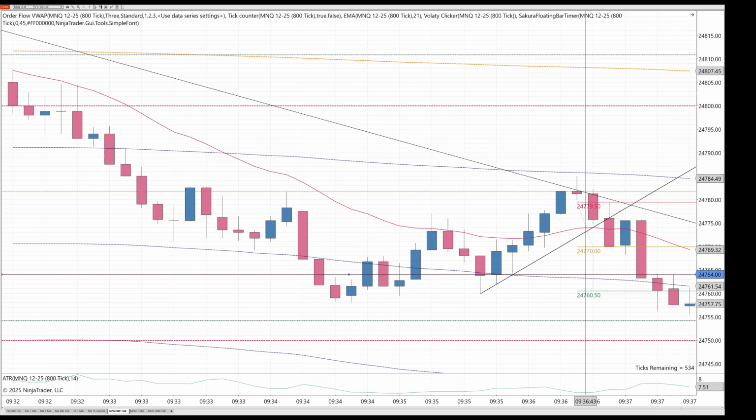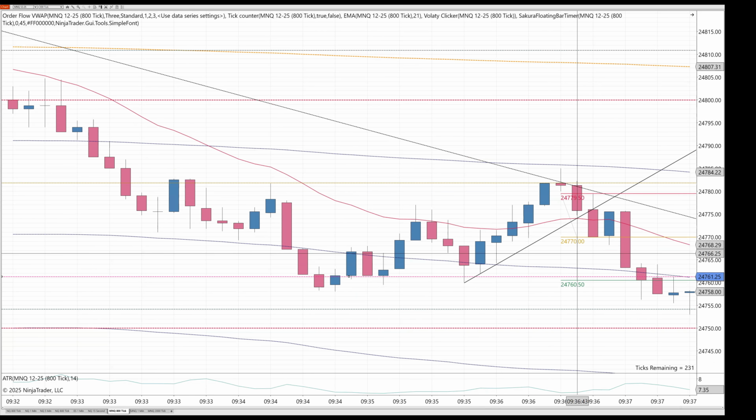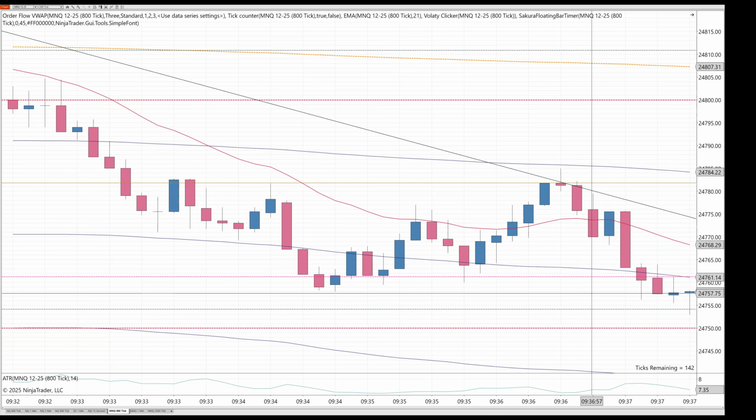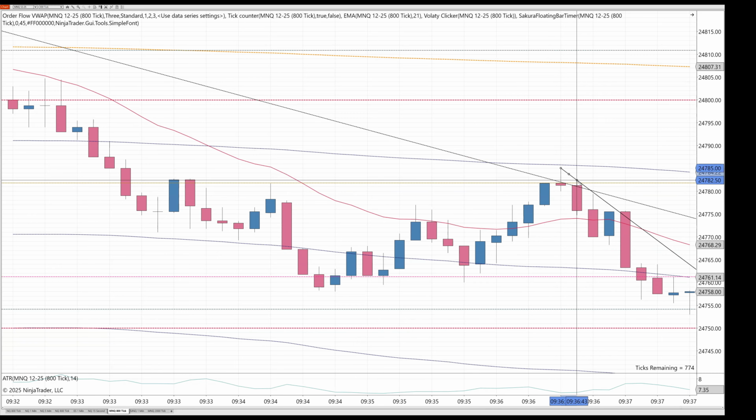All right, so we did make a new low here. So golden ruler is still going to stay up here. Yeah, it's still going to stay up there. Keeping track of the runner. The runner's down here. We have a new downward trend line that is like this.